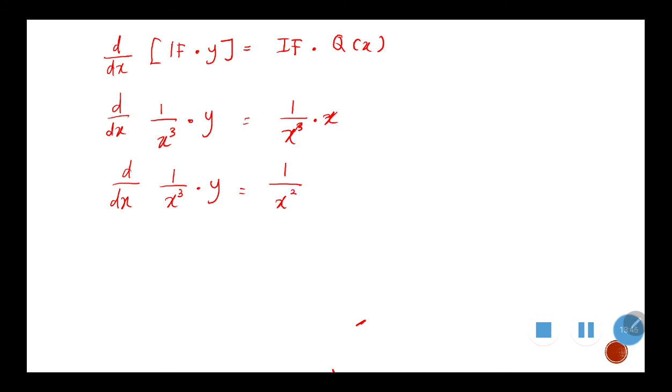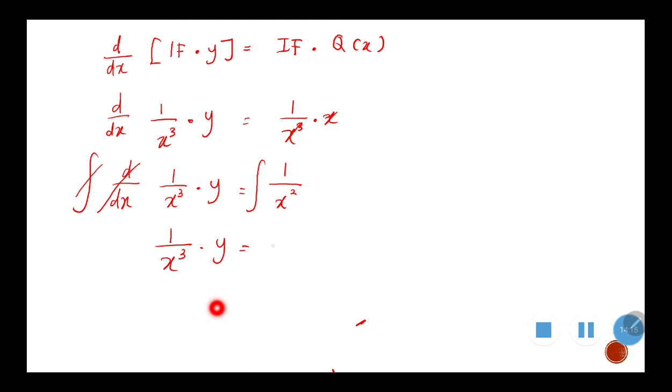1 over x square. Next step is to integrate both sides. When the integration and dx cancel out each other, you are left with this. Integrate 1 over x square, what will you have?